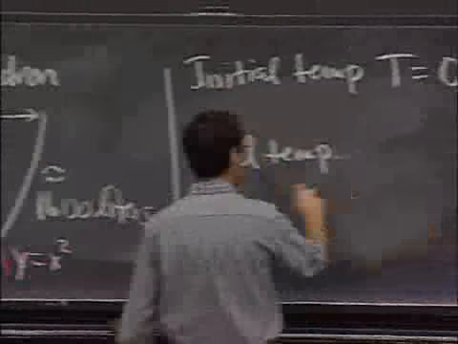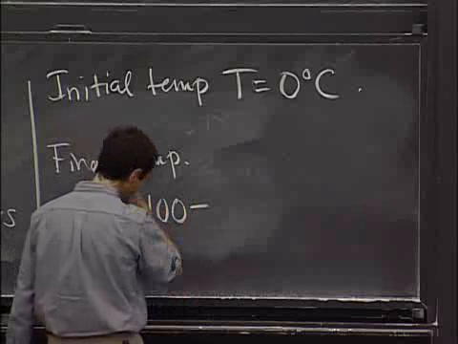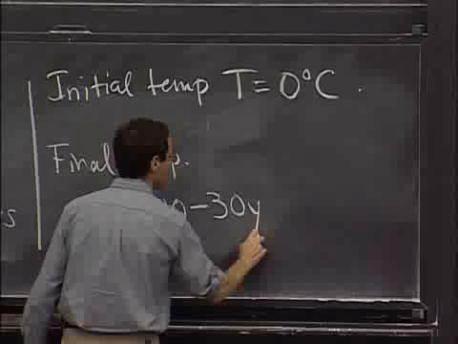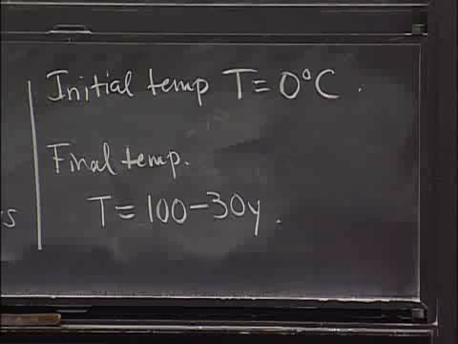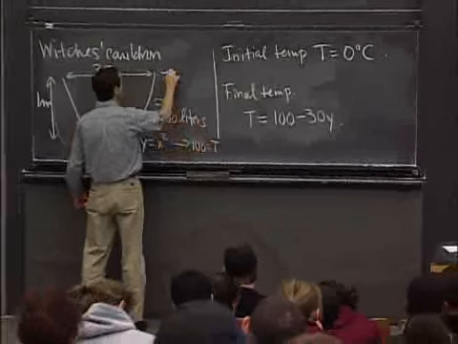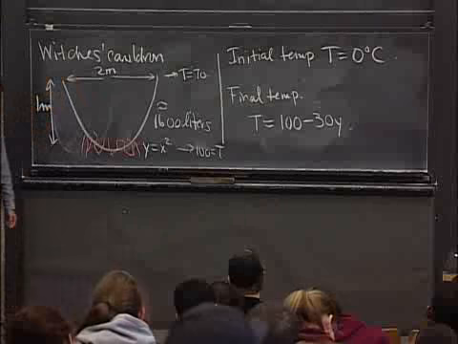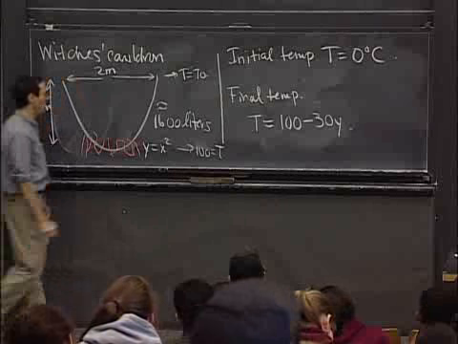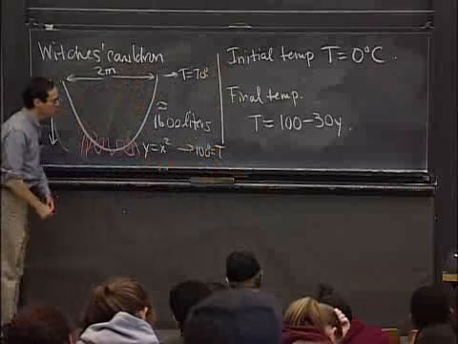The final temperature was given by the formula T equals 100 minus 30 times the height y. So at y equals 0, at the bottom it's 100, and at the top T is just equal to 70 degrees. Okay, so this is the final configuration for the temperature.